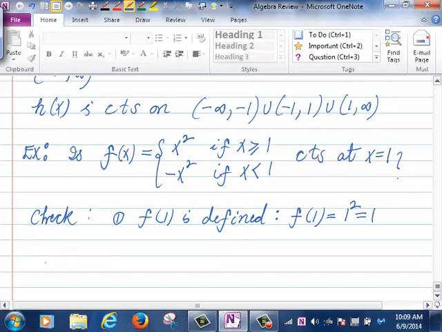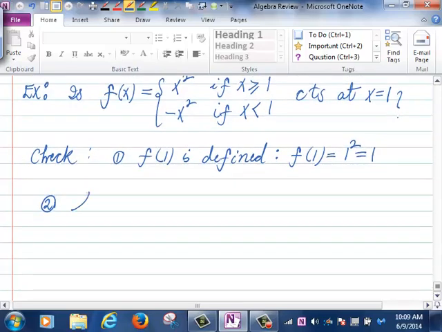The second thing that I have to check is that the limit as x goes to 1 of f of x is the same as f of 1. Well, how do I check that? Whenever you have a piecewise defined function and the formula changes at a point, if you want to know the limit at that point, you have to look at the right-hand limit and the left-hand limit.